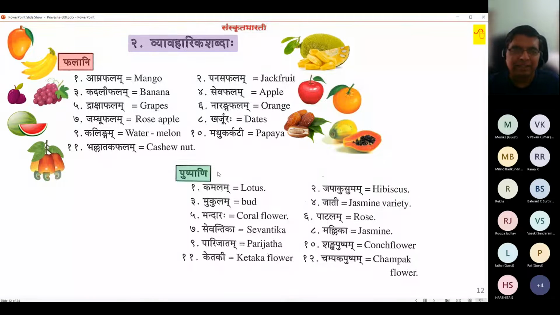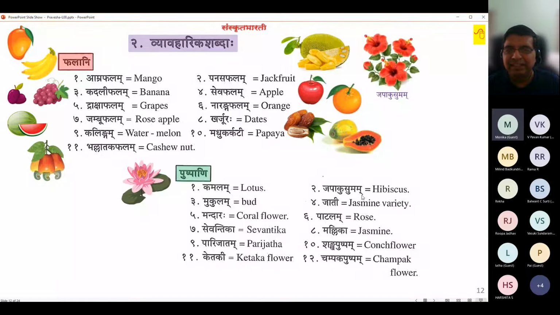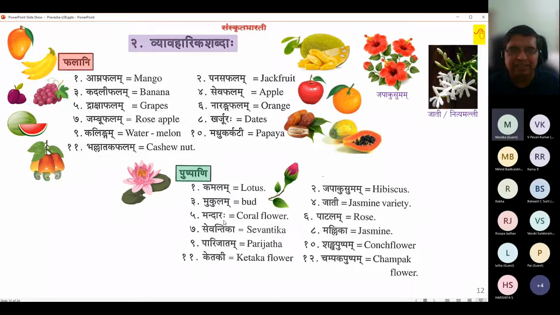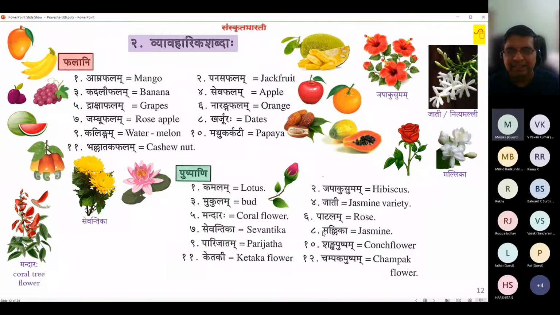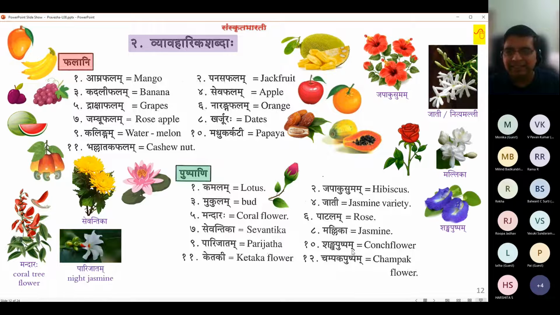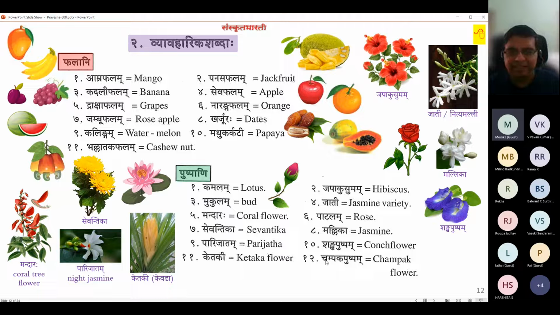Pushpani. Kamalam, lotus; Japakusumam, hibiscus; Mukulam, bud; Jati, jasmine variety; Mandara, coral flower; Patalam, rose; Sevantika; Mallika, jasmine; Parijata; Shankhapushpam, conch flower; Ketaka flower; Champakapushpam, Champaka flower.